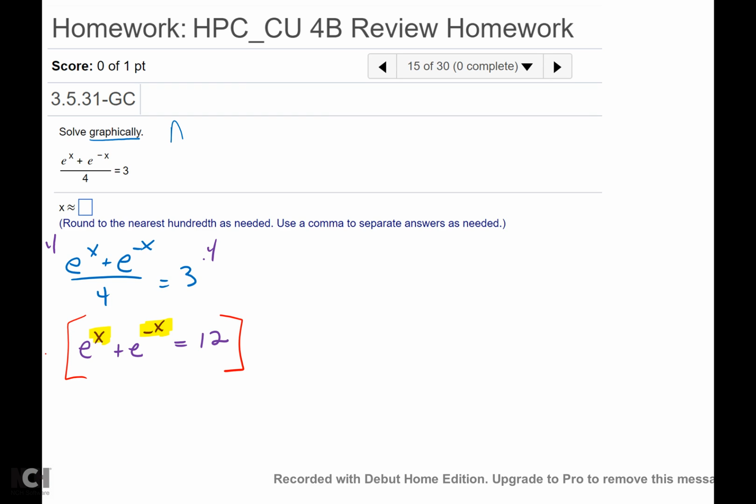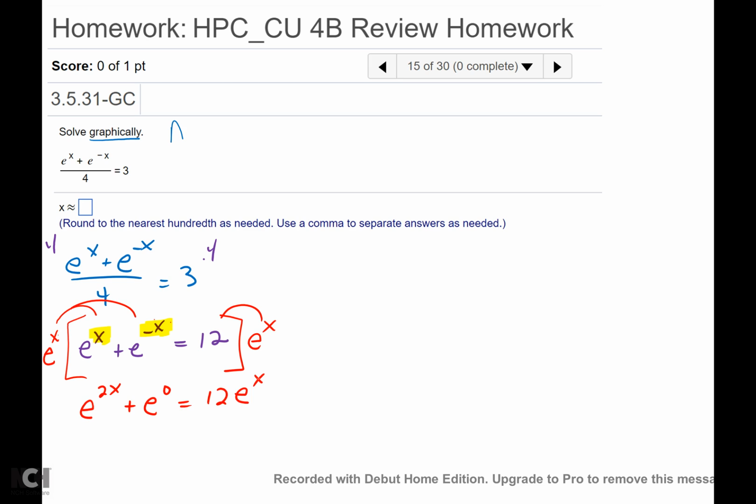Well, if I multiply both sides by e to the x, that would give me e to the 2x plus e to the 0, because x minus x is 0, equals 12e to the x.